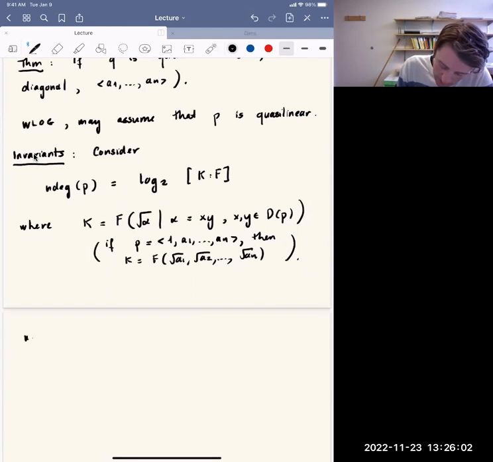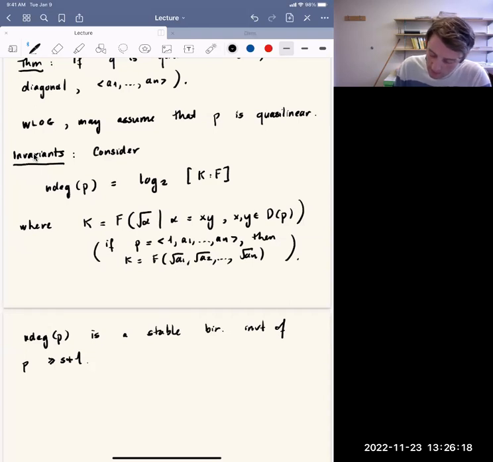So this integer is known by a result of Hoffmann and Agrebe to be, again, a stable birational invariant of the form P, and it's greater than or equal to s plus 1, where s is the same integer that I've defined previously. So again, the dimension of P here is strictly greater than 2 to the s, but less than or equal to 2 to the s plus 1.